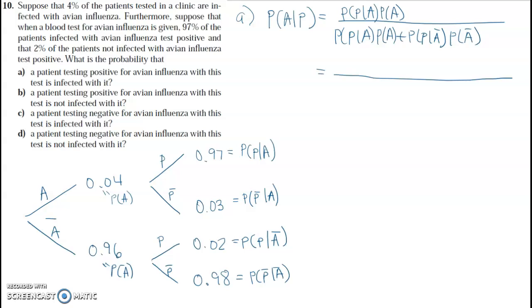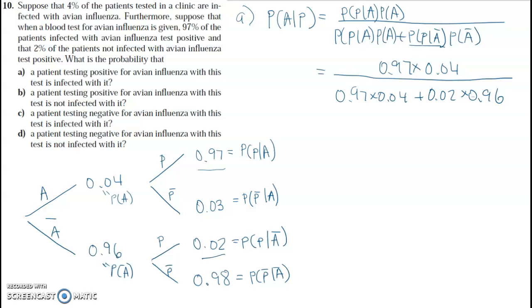All right, so the next part is just plugging in the numbers. Probability of positive given A is 0.97 times the probability of actually having the avian influenza, 0.04, plus the probability of positive given not having the influenza, 0.02, times 0.96.